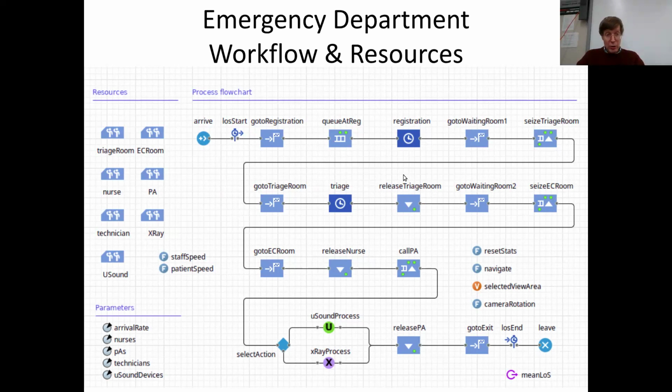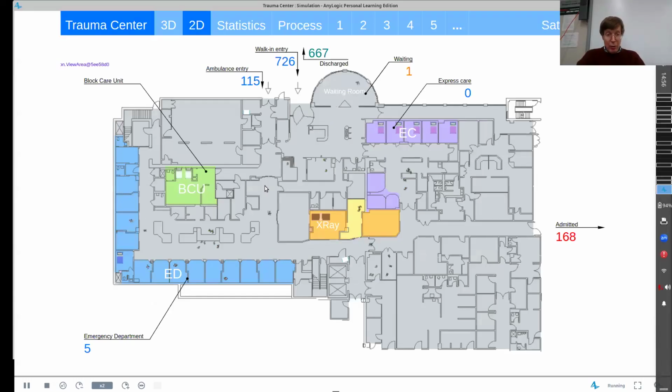They have to seize a triage room, and they have to go to the triage room. They may, in some cases, seize an express care room, and they are accompanied in such process by a nurse that is later released.